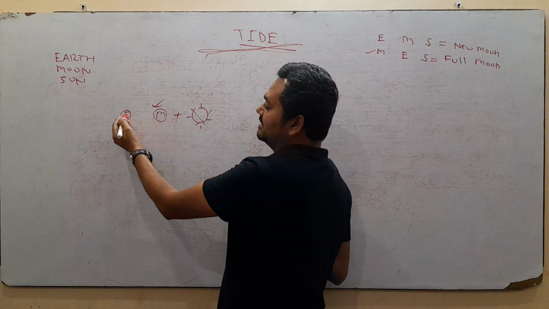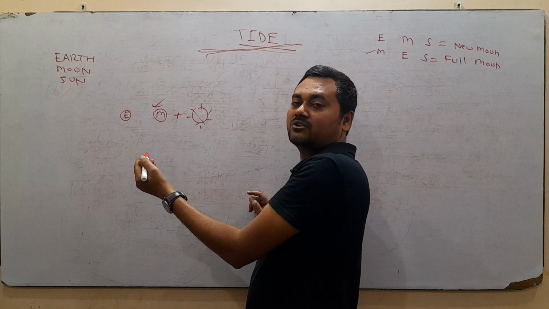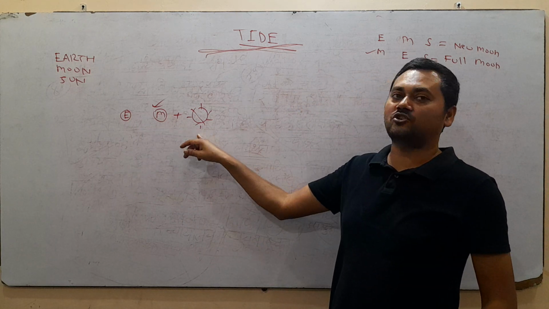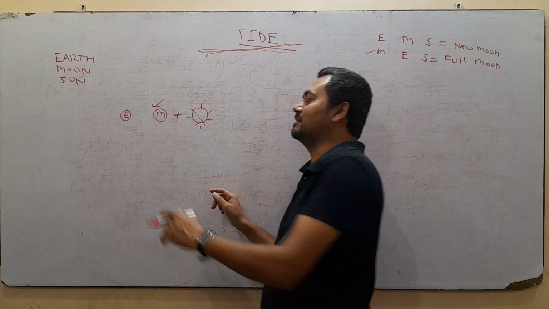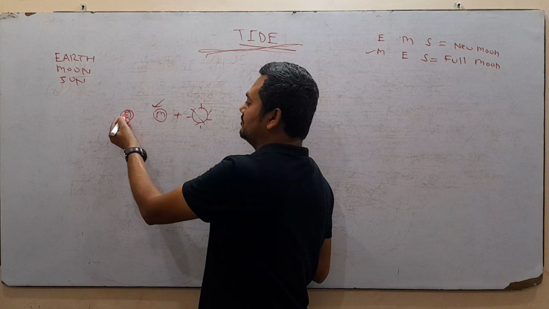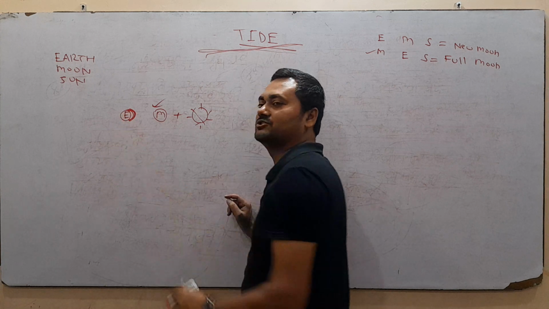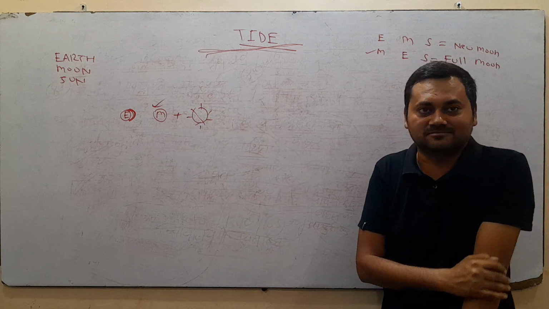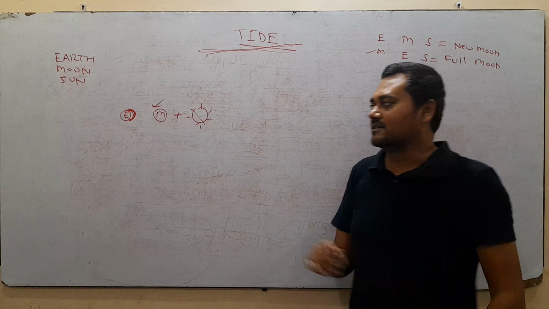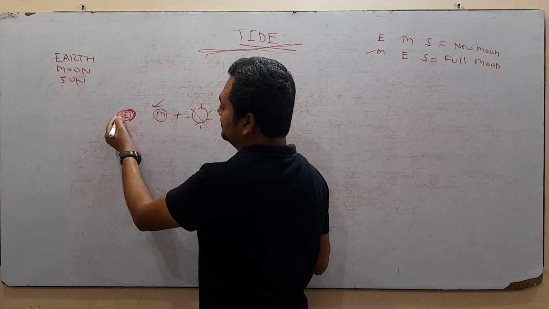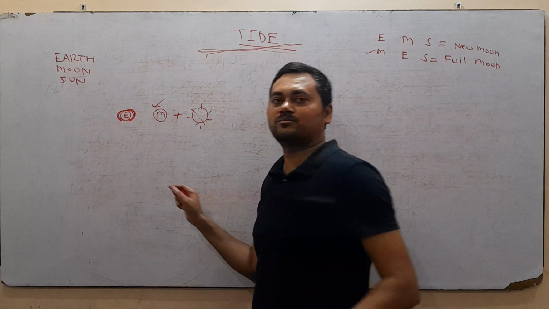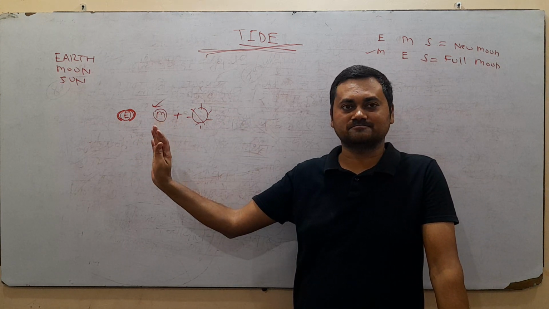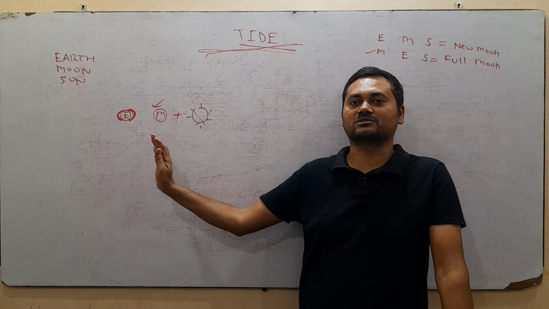What will happen is that the ocean water, because of the gravitational force of the moon and the gravitational force of the sun, will form a bulge. And this bulge is called tide. On the opposite side also a bulge will be created, but this bulge is getting created because of the centrifugal force.